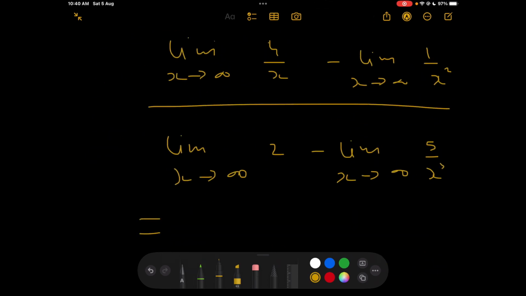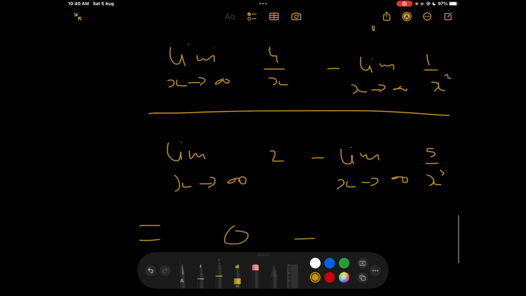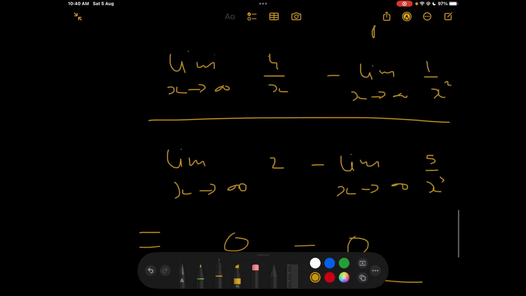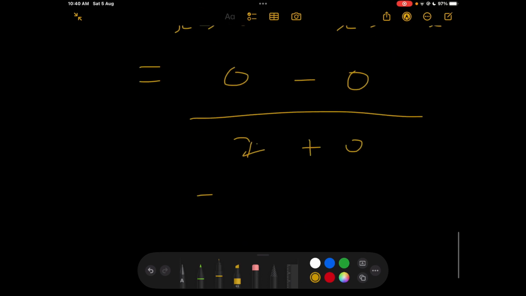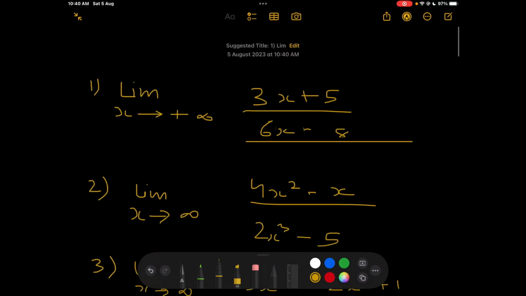Fine. In this, limit x tends to infinity 4 by x will be 0, minus limit x tends to infinity 1 by x squared will be 0, upon limit x tends to infinity 2 will be 2 because it is a constant, and the last term will also be 0. So we'll get 0 upon 2, which is equal to 0. The solution for this question is 0.